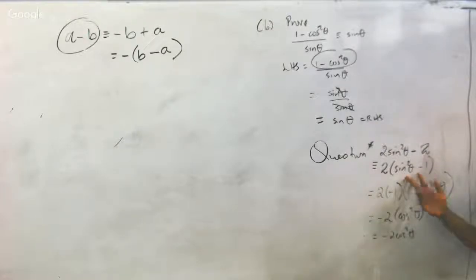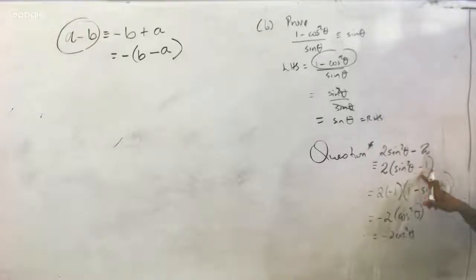This is like a minus b. So this becomes minus this, and this becomes negative 1, b minus a. Have you seen that? Yes? Flip it around.